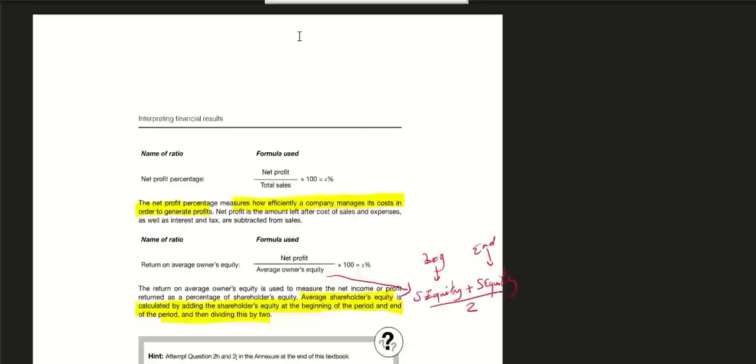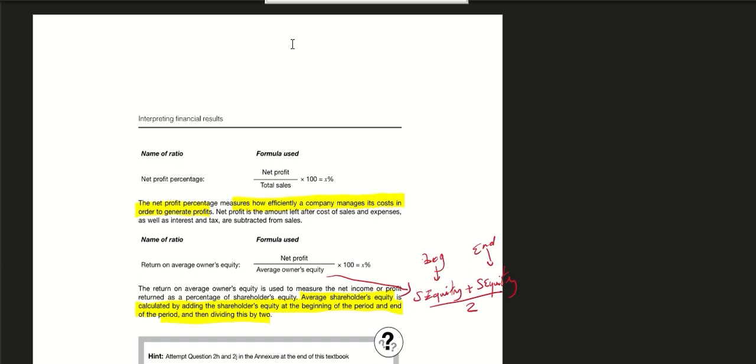Another one would be the net profit percentage. We take the net profit, we divide it by the total asset, multiply by 100, right? Here we want to see how well the company manages its costs in order to generate profit. Another one would be the return on average owner's equity.